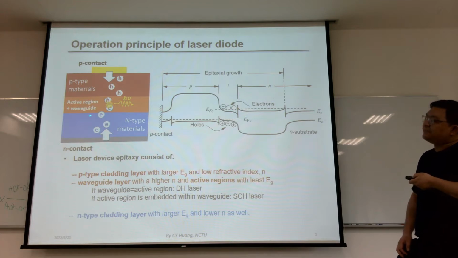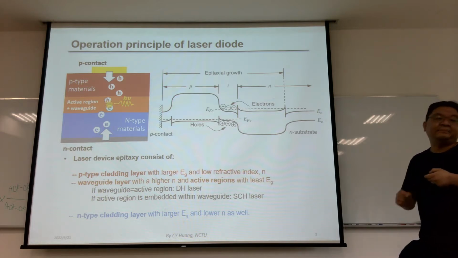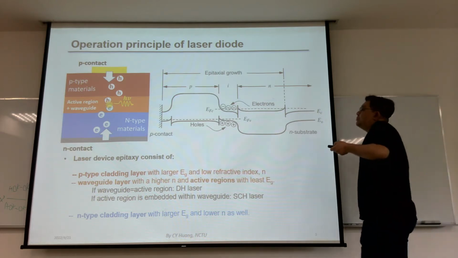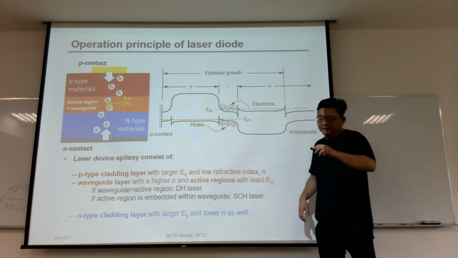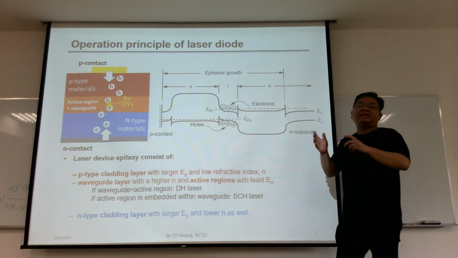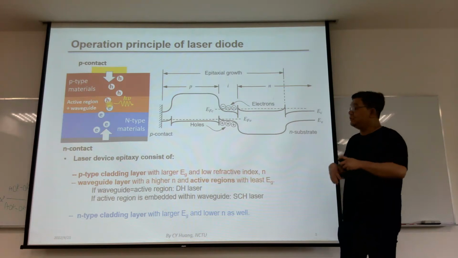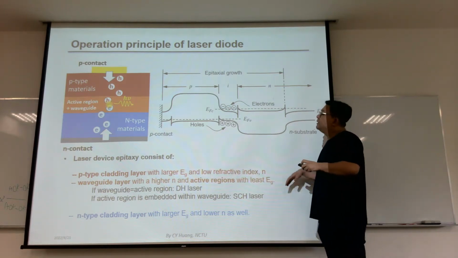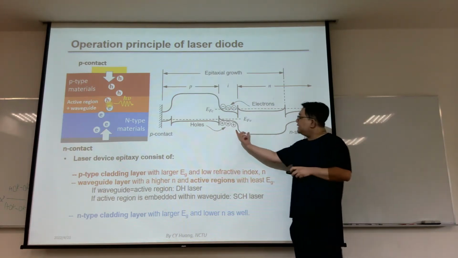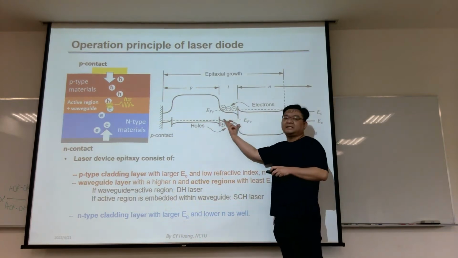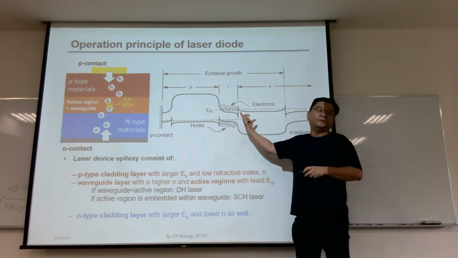First, the epi structure contains three parts: the N part, the P part, and the active part. The active region might simultaneously act as the waveguide, or the active region could be a different structure from the waveguide. If the active region is equal to the waveguide layer, then we call it the double heterostructure.